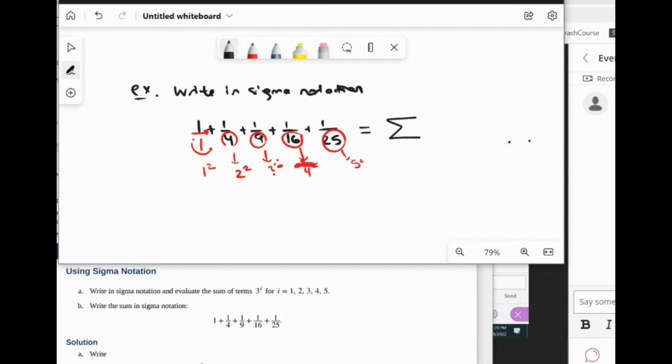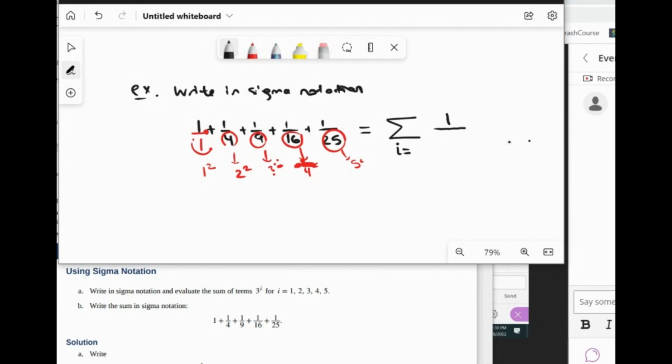We can just use this capital sigma letter. We should determine the lower limit of the sum and the upper limit. Those are going to be determined by the first and the last term in our summation. And we will have some expression inside, which is the expression that keeps being added.